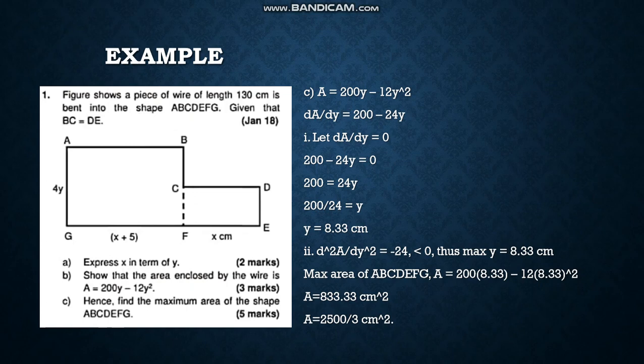In this problem, I will just use the area from question B, and after we differentiate it, we let dA/dy equal to 0, and then we take negative 24y to the right side, and we take 24 to the left side, which means 200 will be divided by 24, and we will get y equal to 8.33 centimeters.